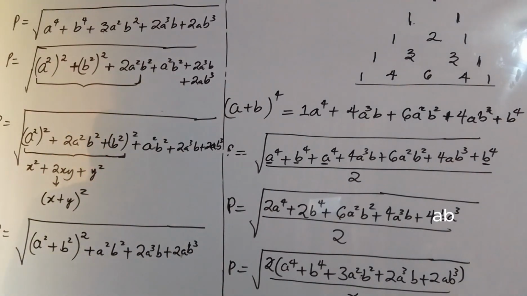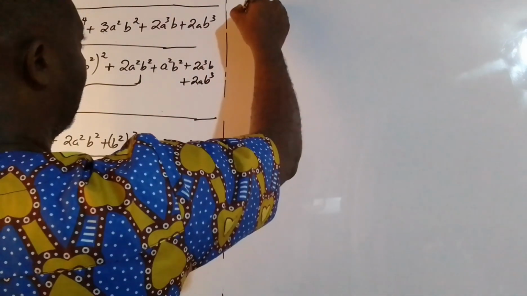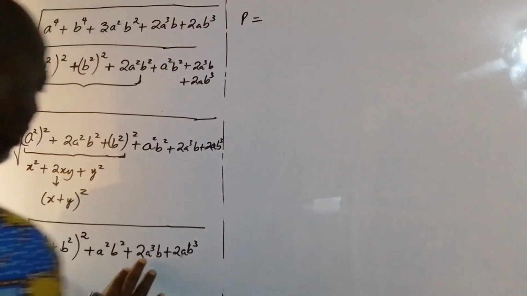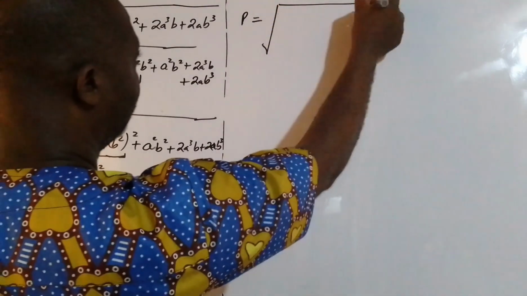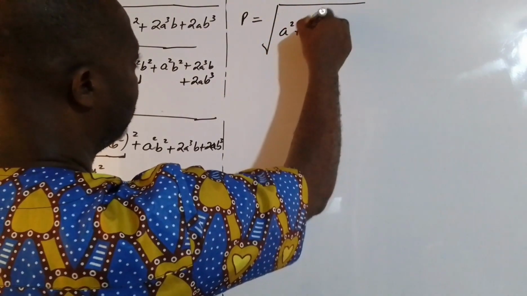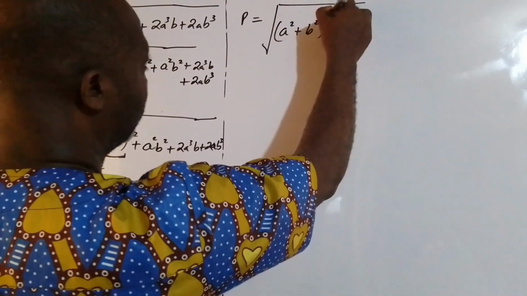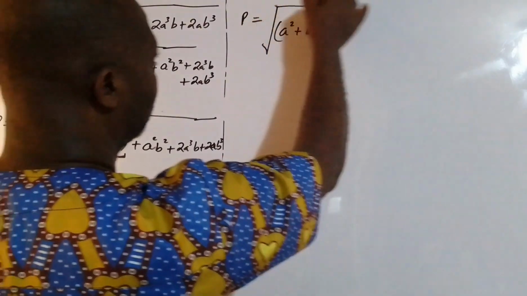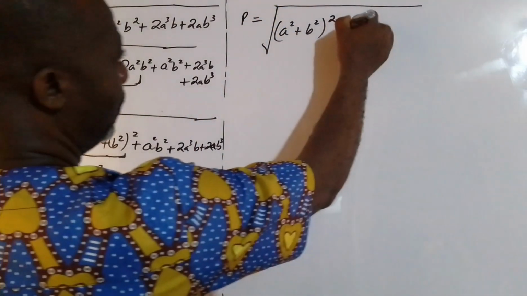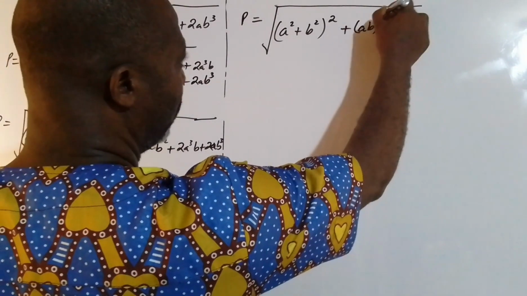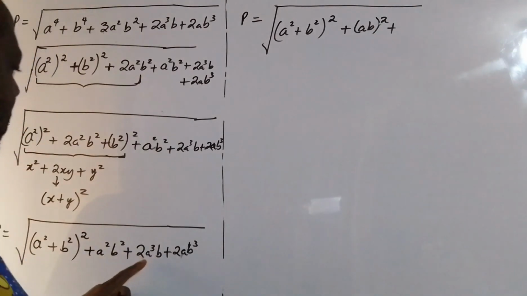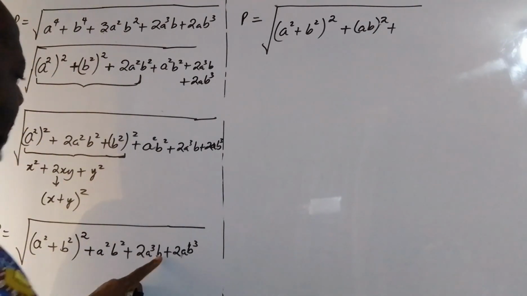So what I'm going to do now is to go ahead and rewrite this. P equals the square root of (a squared plus b squared) all squared, then I have a squared b squared as (ab) all squared, plus, now I'm going to factor out 2ab from here.